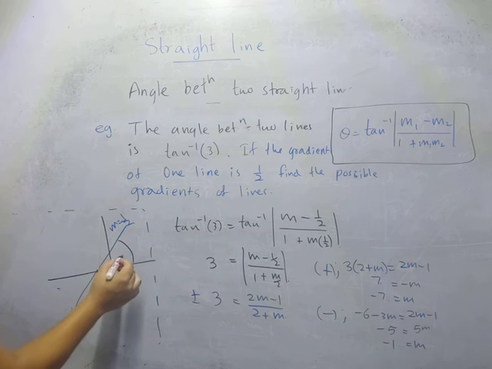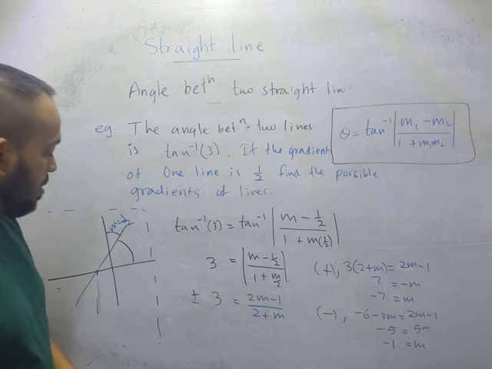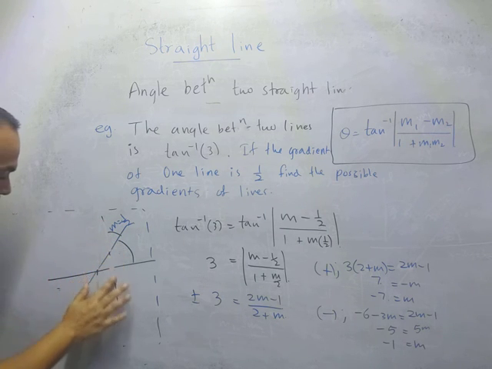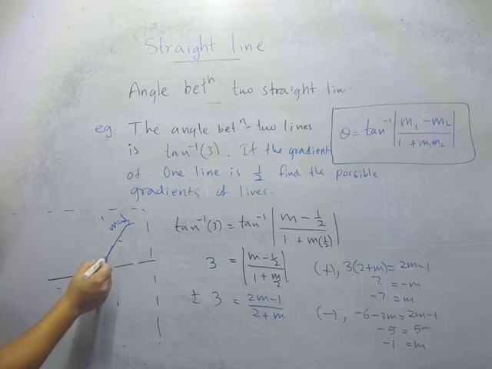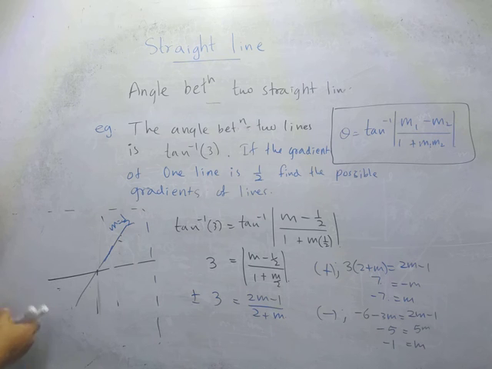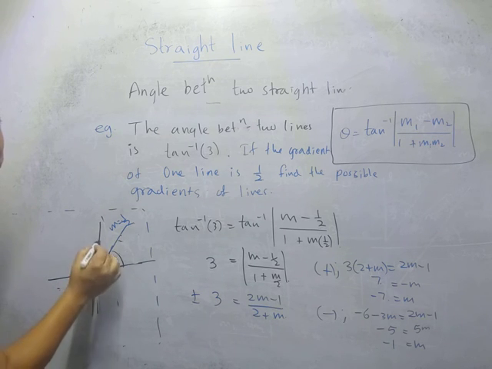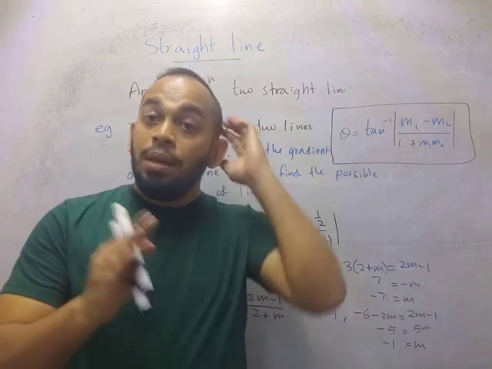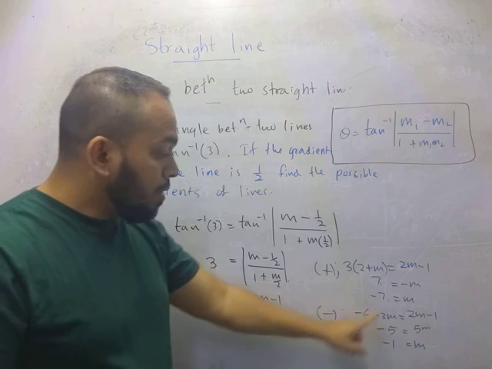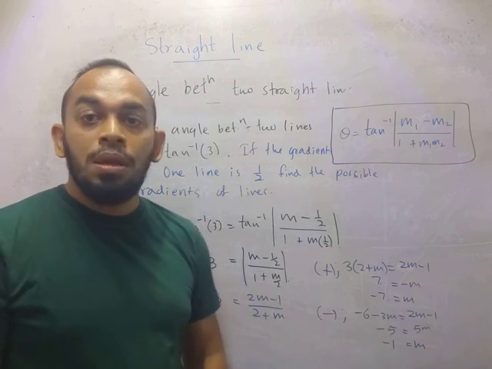So this would be the same angle and this would also be the same angle. See, they both have the same angle between them. That's why we get two answers: m equals minus 1 or m equals minus 7.